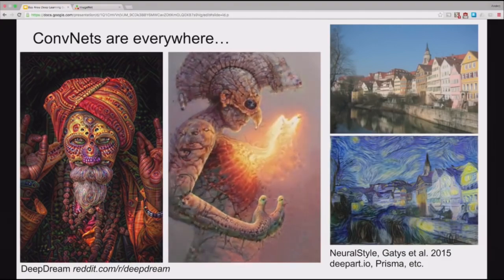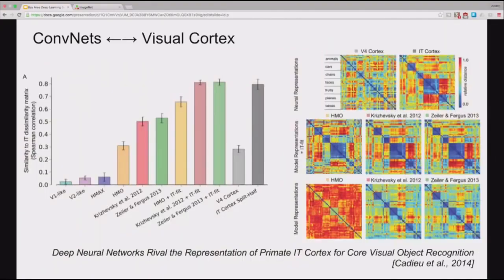The last thing I'd like to note that I find also interesting is that in the process of trying to develop better computer vision architectures and trying to optimize for performance on the ImageNet challenge, we've actually ended up converging to something that potentially might function something like your visual cortex in some ways. These are some of the experiments that I find interesting, where they've studied macaque monkeys, and they record from a subpopulation of the IT cortex. This is the part that does a lot of object recognition.